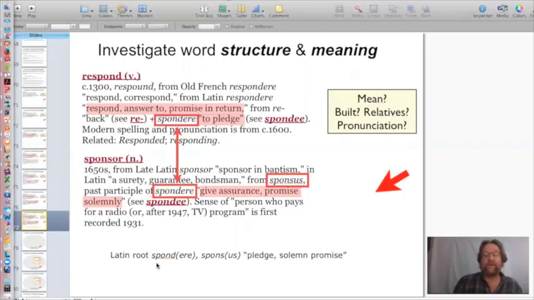So this Latin root, spondere, sponsus, and I'm taking from what I've read in here to come up with this notion that the denotation includes the pledge or solemn promise. So you can see how I'm going from the etymologic information to my own interpretation. This is something we'll come back to a little later, but sponsus being the past participle of spondere is good to take note of.